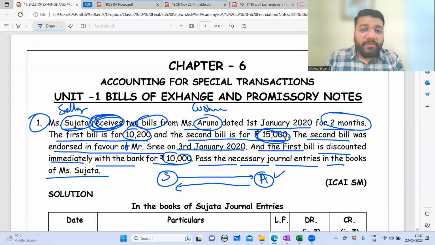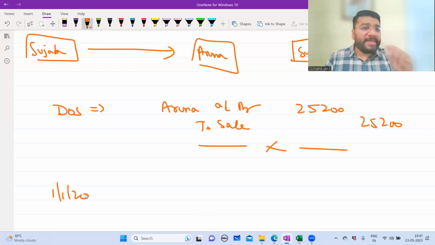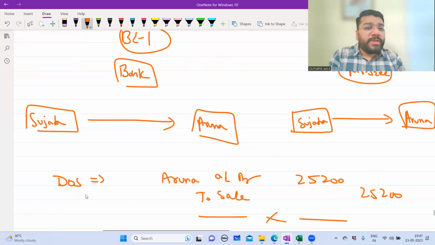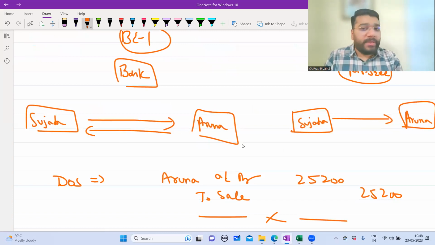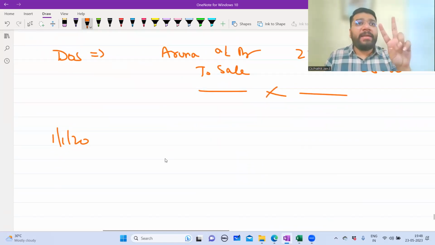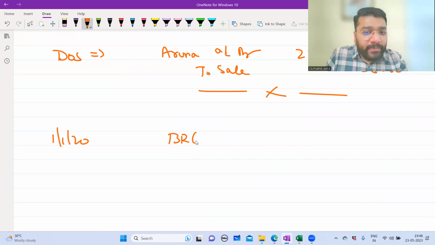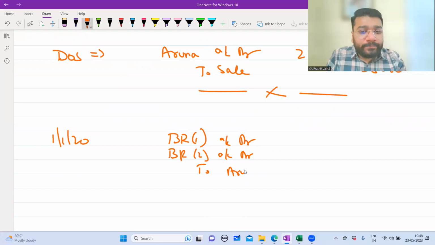Now on 1/1/2020, what is happening? Sujata has given 2 bills to Aruna and Aruna has returned them back after acceptance. In both cases, the acceptance has come. So now you can record the entry in 2 ways. You can create 2 separate ledgers like bills receivable 1, bills receivable 2, account debit to Aruna.